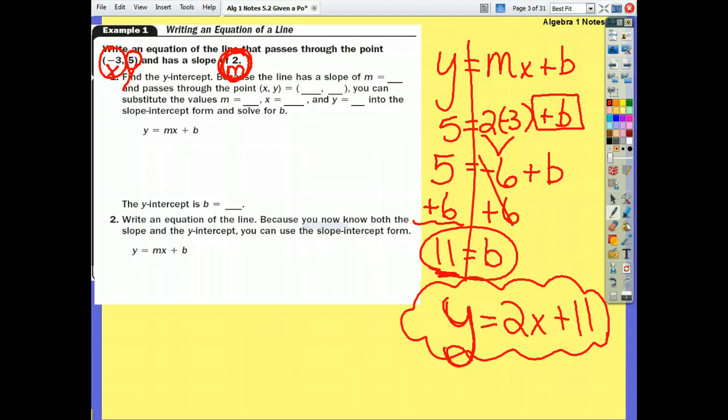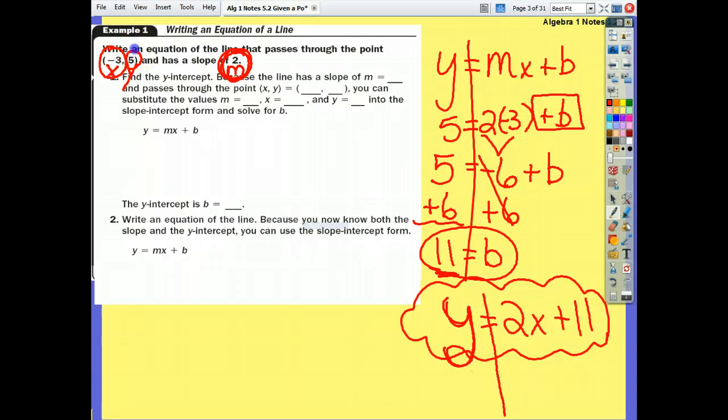Okay, that's a great question. That's how you would check it. I'm not going to make you check it on your worksheet, but look, we have the x and the y, don't we? What if we were to solve that? If we solve that, it's an equation, so both sides are going to be what? The same, or equal to each other. What was the y?